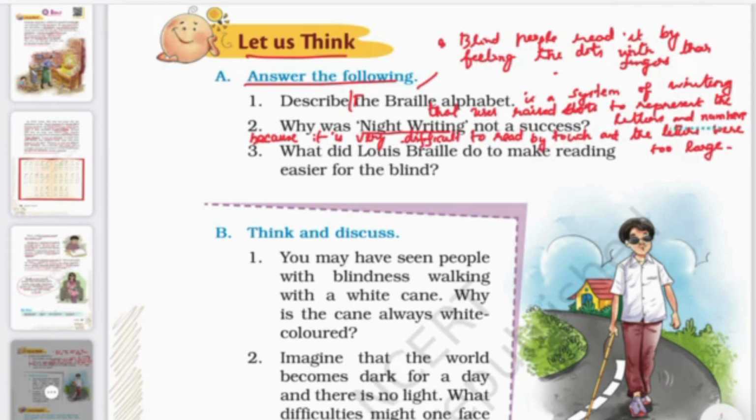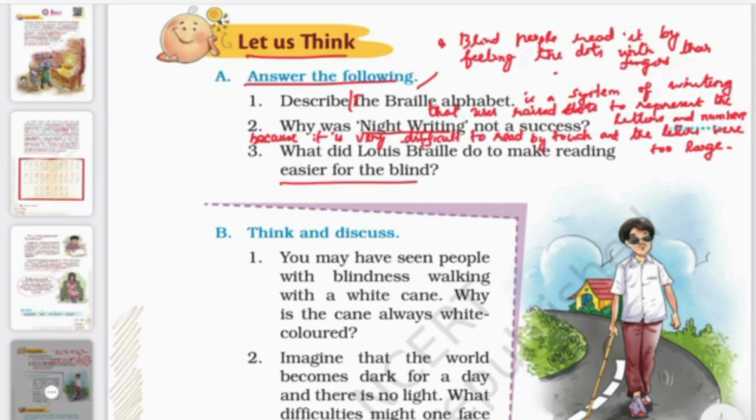Next, the third question: what did Louis Braille do to make reading easier for the blind?